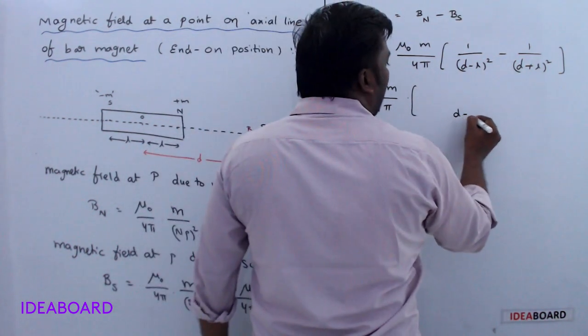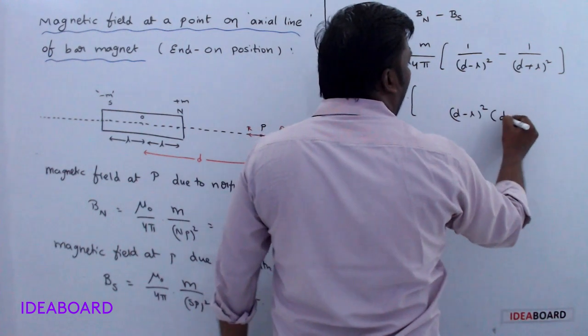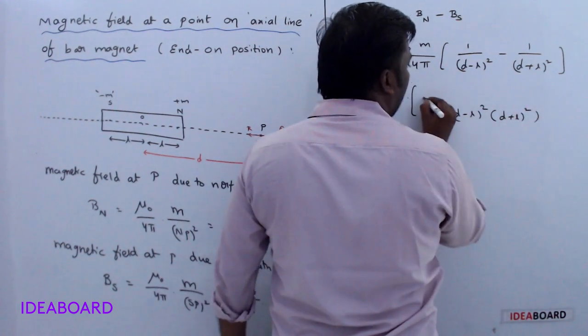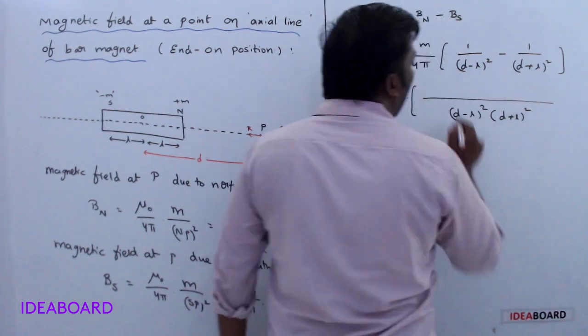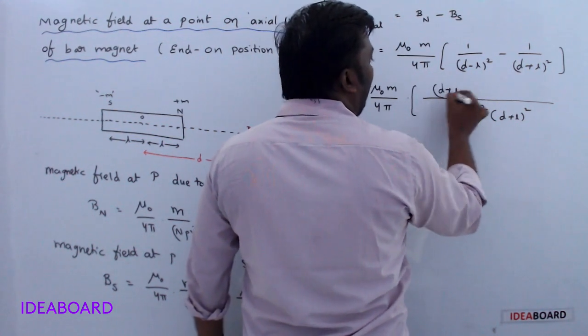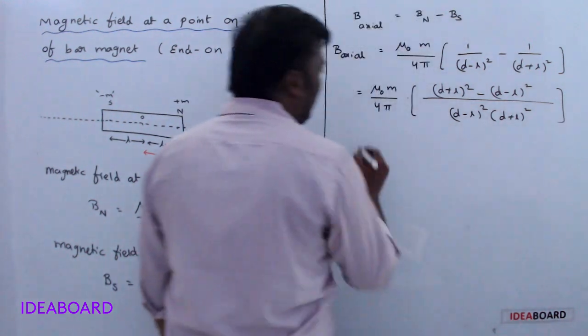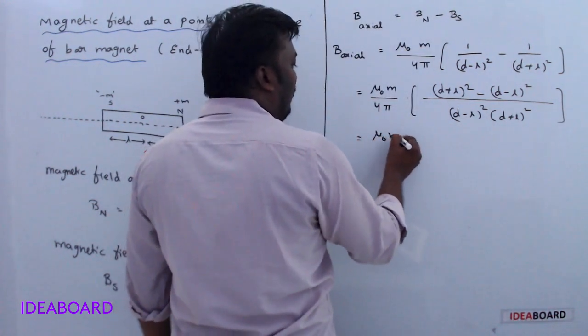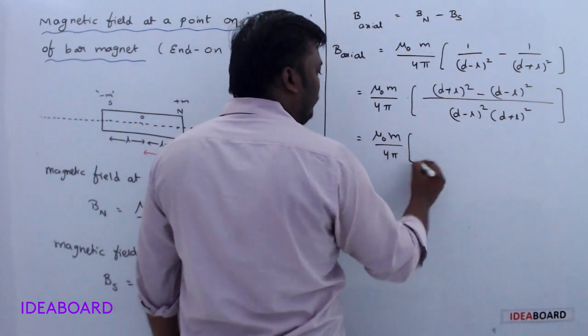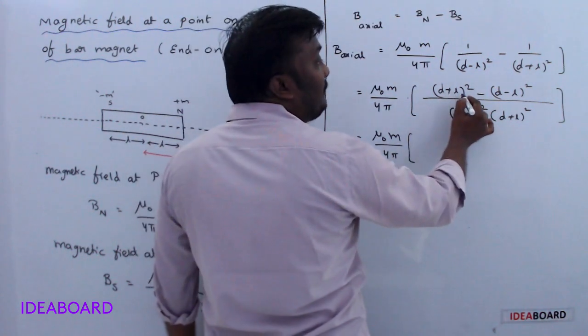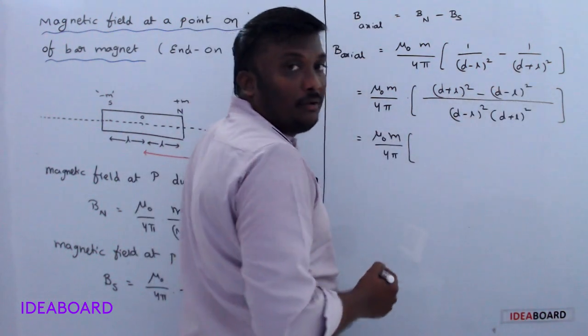Take the LCM as (d minus L) whole square and (d plus L) whole square. Then the numerator contains (d plus L) whole square minus (d minus L) whole square. So mu naught m by 4 pi, this is like (a plus b) whole square minus (a minus b) whole square.